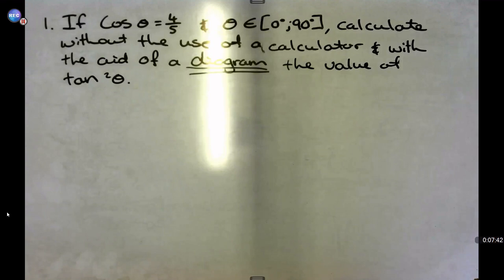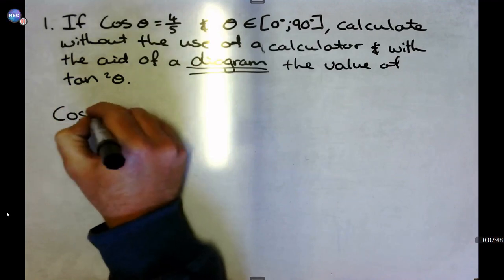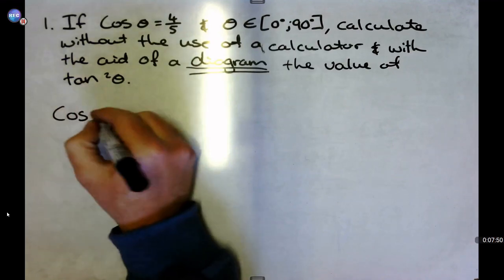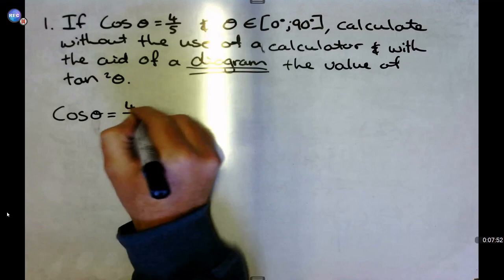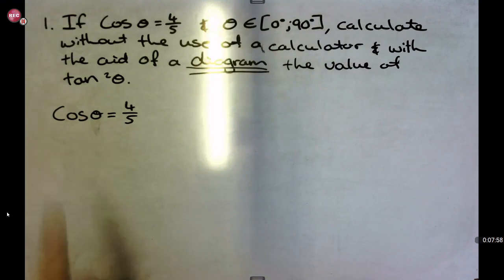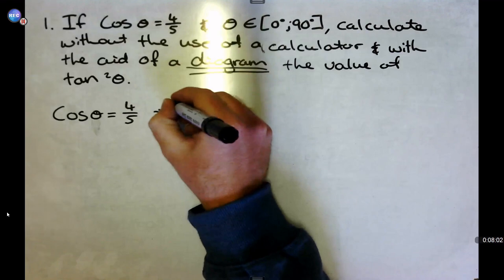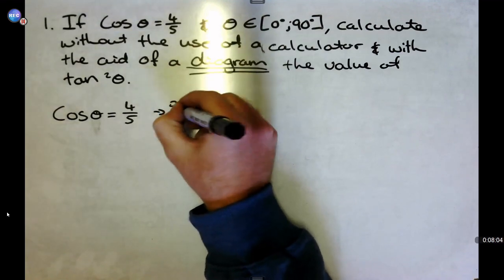Now, first things first, you need to write down cos theta equals 4 over 5. The next thing you need to know is the ratio of cos, which would obviously be x over r.